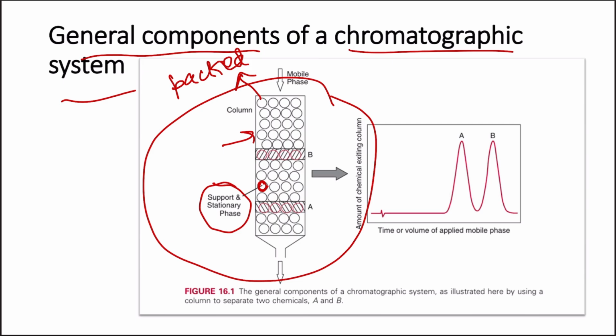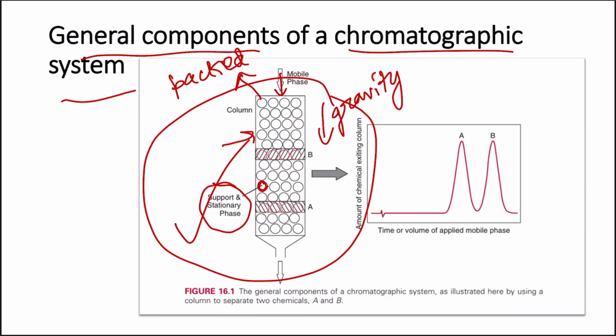We will inject the mobile phase from above, and then with the action of gravity, the mobile phase will go downwards and interact with the stationary phase. Here you can see the first band, that is B. This means this component of the sample has more interaction with the stationary phase.